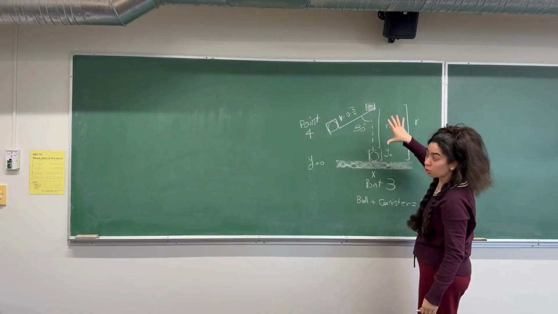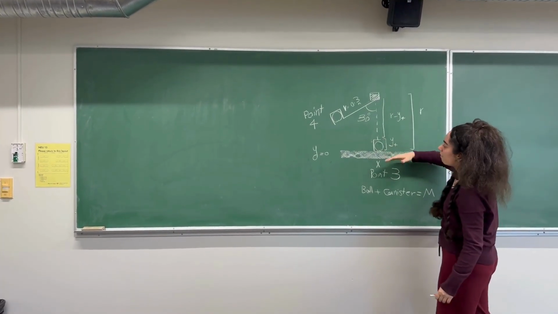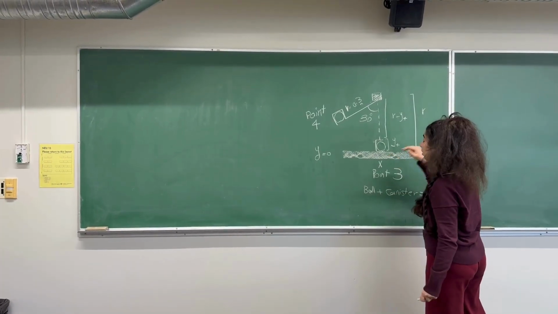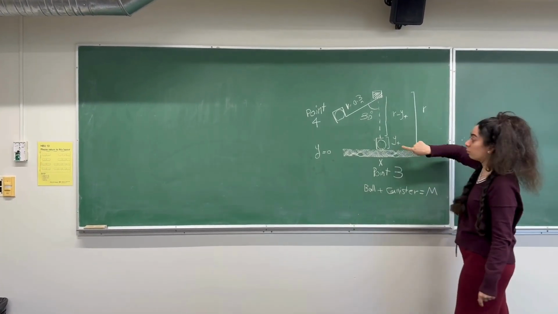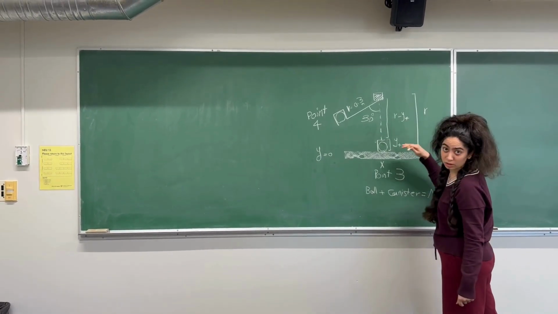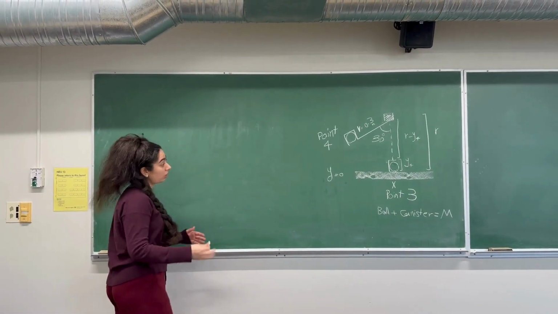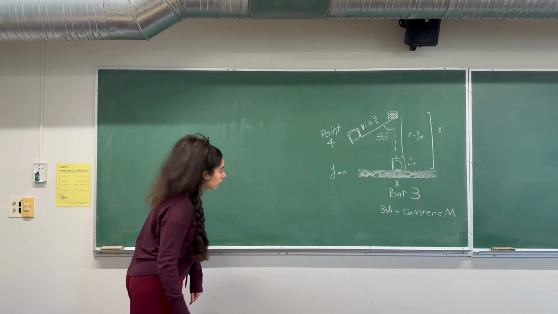Its height is not 0.3 meter here, because we have another height away from our y0 equal to 0. I call that y4, and in the next part we are going to calculate it as well. But first, let's calculate the maximum velocity of the pendulum at point 3.